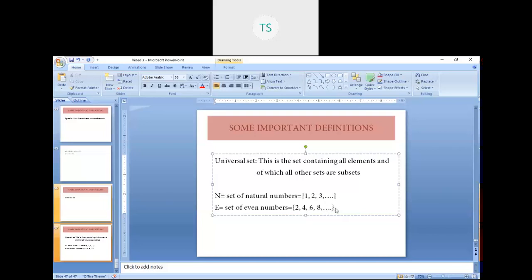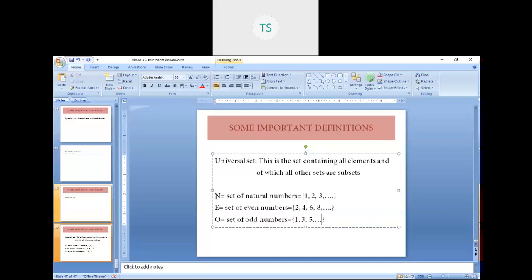Similarly, if I write O, the set of all odd numbers, the elements will be 1, 3, 5, and so on. Now see, capital E, the set of even numbers, and capital O, the set of odd numbers, are subsets of capital N. Is it true?